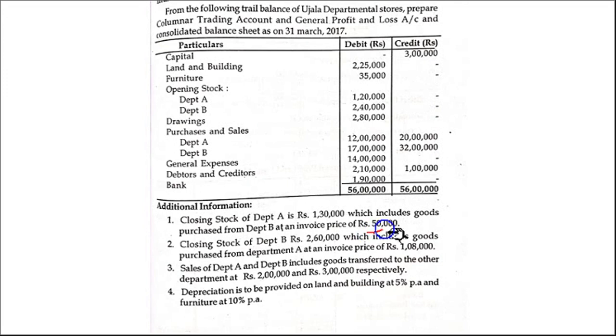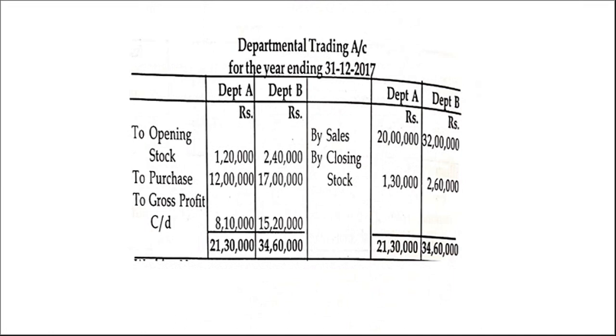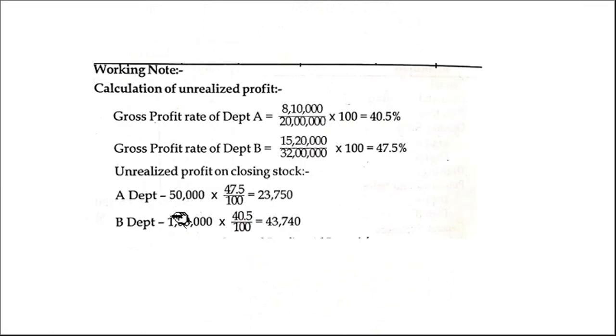See here, they told you, no? A department closing stock, they have purchased from B department for 50,000. Here B department purchased from A department 1,08,000. So that is from another department. So we have to take the stock which belongs to another department, or which they received from another department, 50,000.